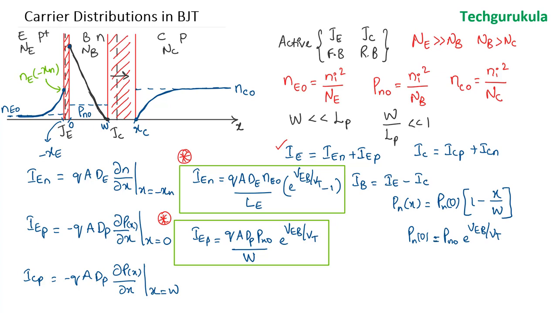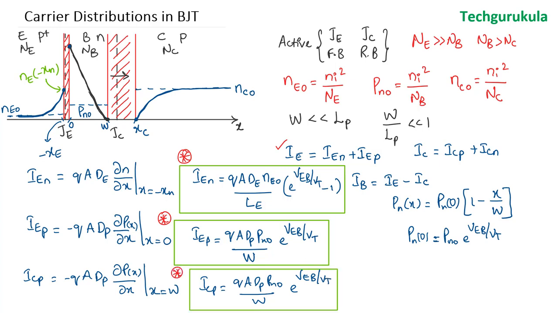So that's what we want to find, which is the ICP, the current because of the holes flowing through the junction from base to collector. As we know what is P of x here, ICP would be the same value as here because the slope is the same: QA DP Pn naught by W times e^(VEB/VT). This is another important equation.